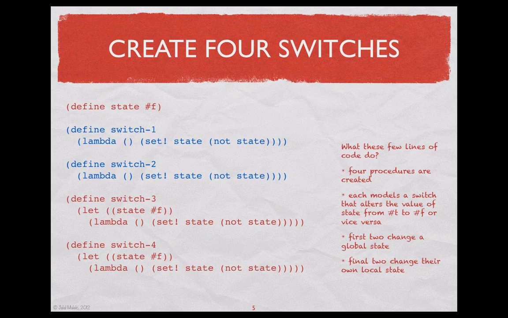Both of them are procedures that change the state to the negation of the existing state. So if the state is false for the time being, calling switch 1 or switch 2 will change it to true, and vice versa. And then we define two more switches, switch 3 and switch 4, each of which has its own state and does almost the same thing as those earlier switches. They change the state to not state.